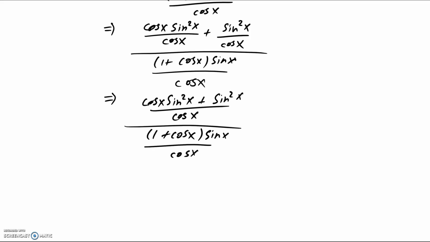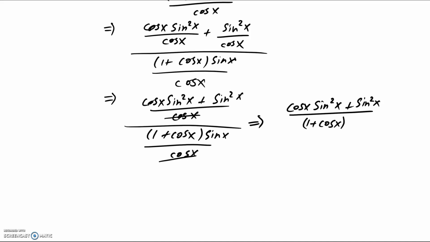Now look at this. This cos x will cancel out each other, and you will be left with cos x sine squared x plus sine squared x over 1 plus cos x times sin x.